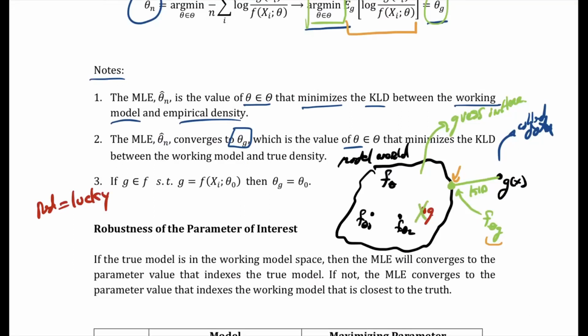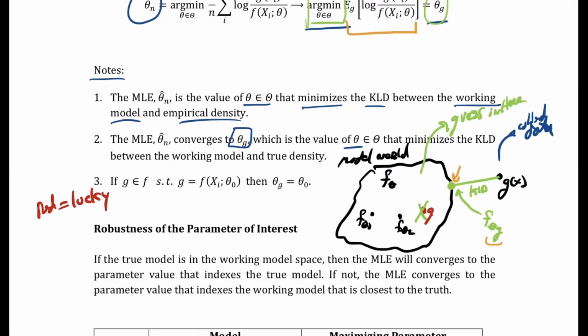You'll end up right there because the minimum divergence will be 0. And so you'll end up at F of theta G, which is in the model space. But since we're lucky, we're supposed to be writing in red and not green.